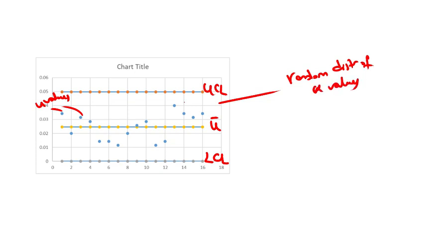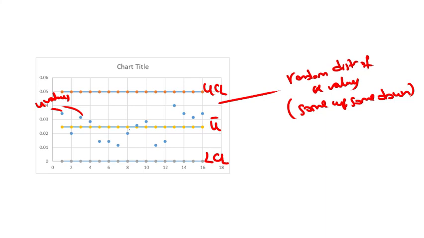Some are up, some are down. We don't see any out-of-control values, and everything looks okay.